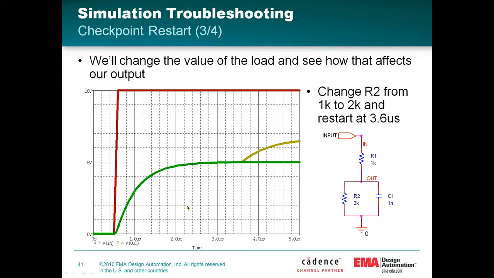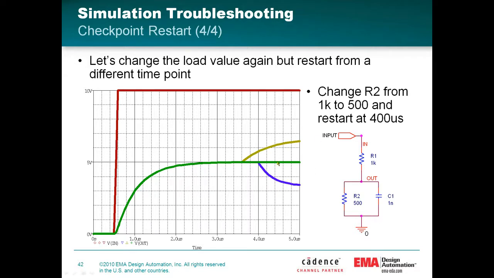You can avoid the initial charge-up portion and just start from a particular time spot in the previous sim and take off from there. That's one example. Maybe you want to do it again from a different point. You can do that again, changing a value and seeing what happens to your simulation.